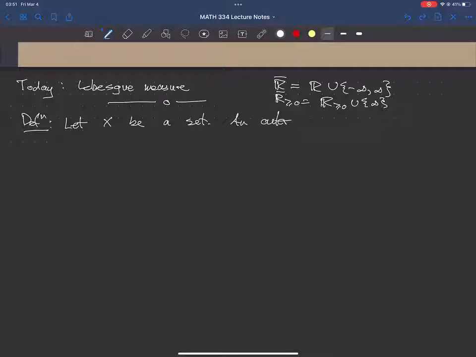Okay, so anyway, an outer measure on a set X is a mapping, and I'll call it mu star. Okay, and so it's going to be a mapping like so.